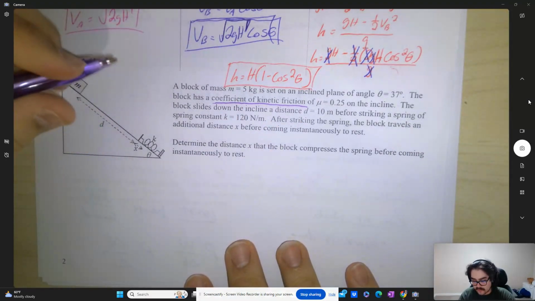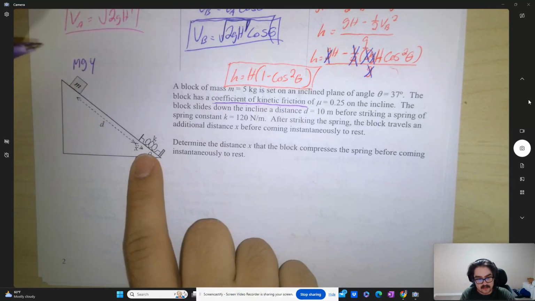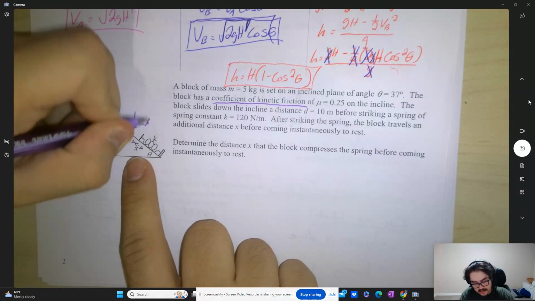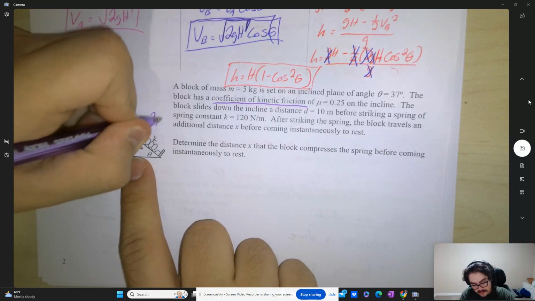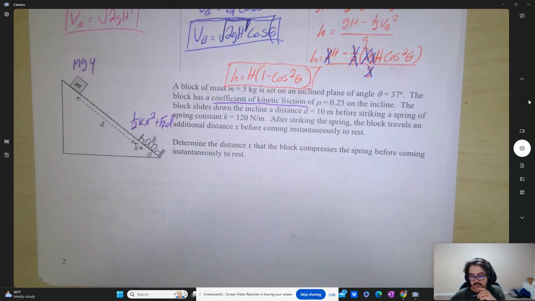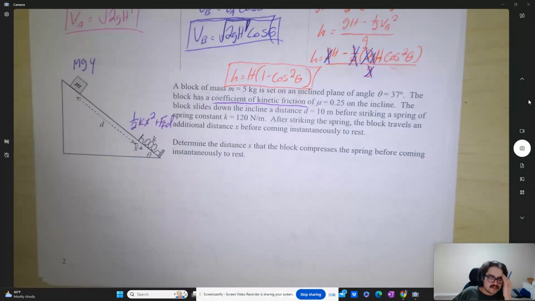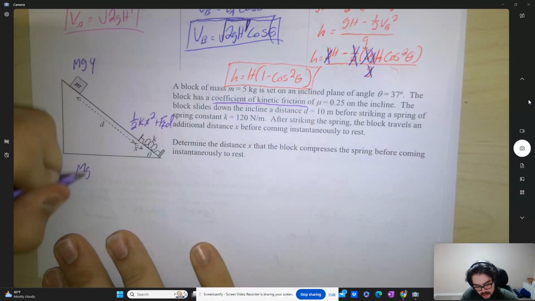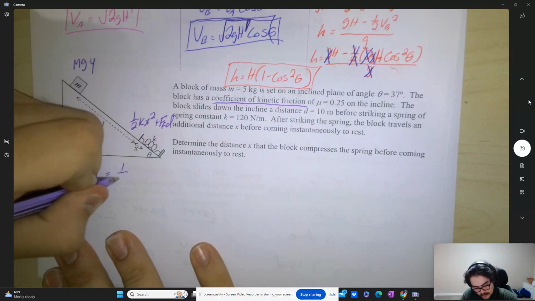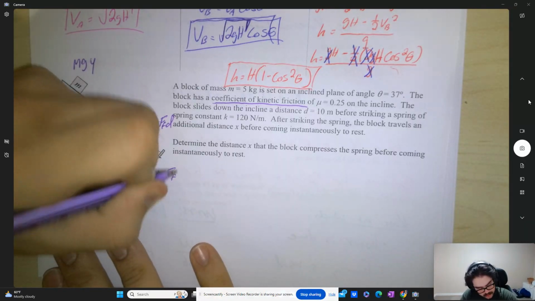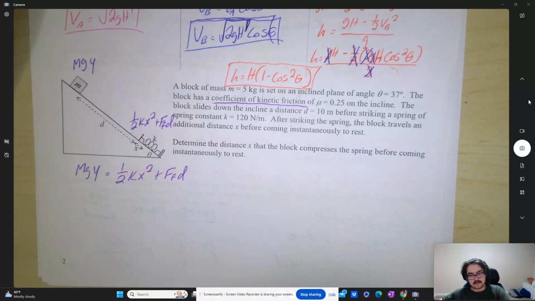So down here you should have spring potential, 1/2 k x squared, plus the force of friction times d. And here's the part that's most challenging: I'm going to set these equal to each other. m g y equals 1/2 k x squared plus the force of friction times d.